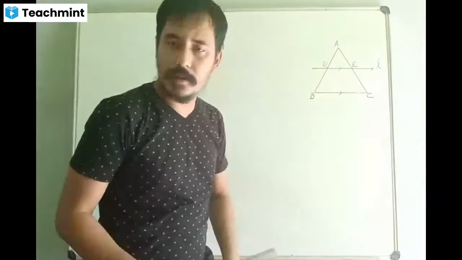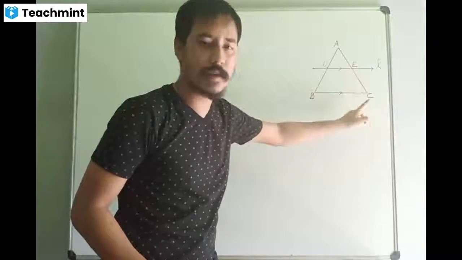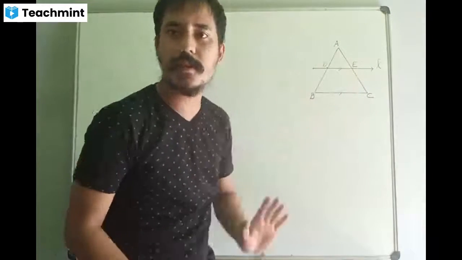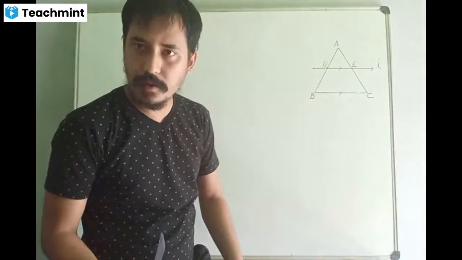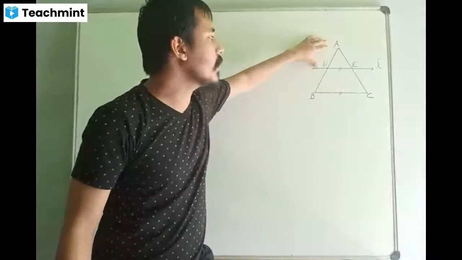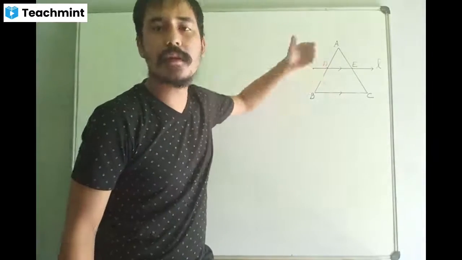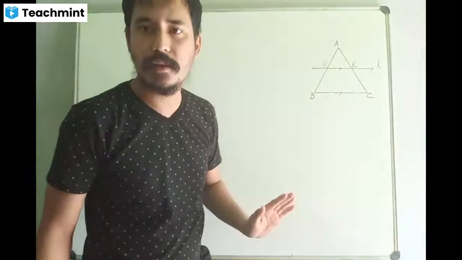And this line L also intersects the other two sides at two distinct points. So that is all we need to draw. Is it okay? And we shall prove that AD upon BD is equal to AE upon CE. That is what we want to prove.